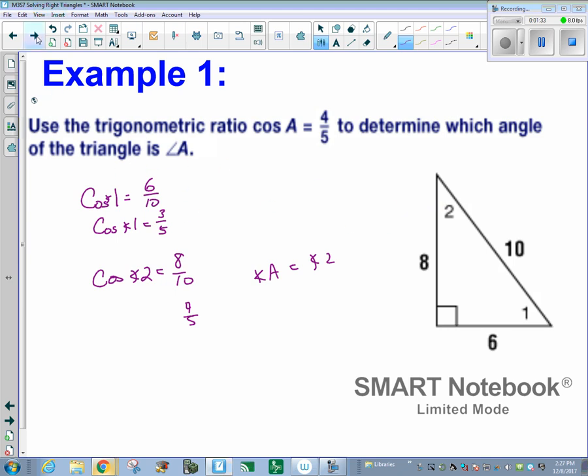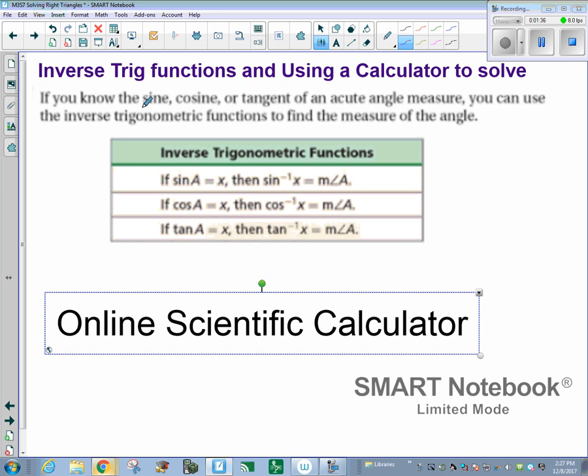All right, let's try another example. In this one, we're talking about solving trig functions. If I want to find an angle, remember we talked about using arcsine, arccosine, and arctangent. You can use a web-based calculator out there, and it will help you find these things.